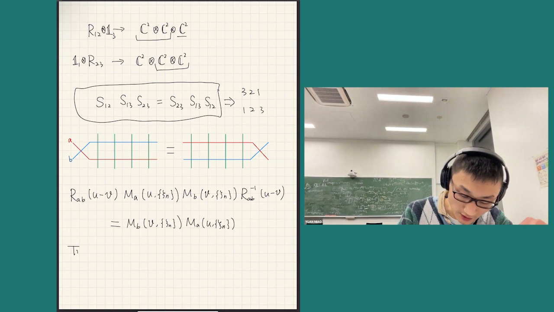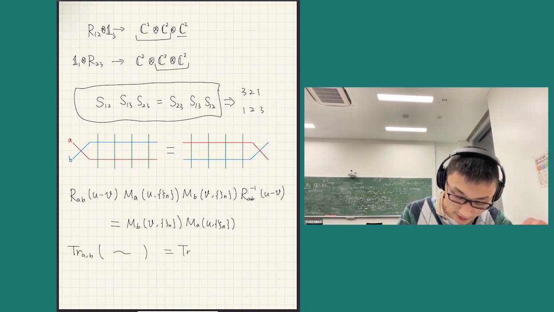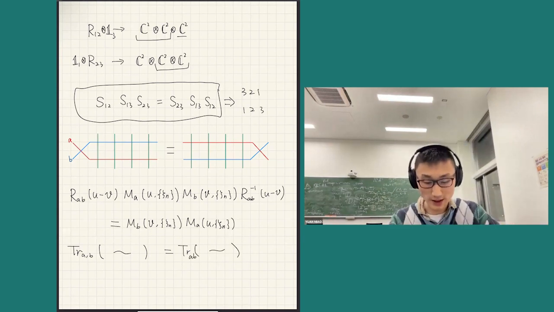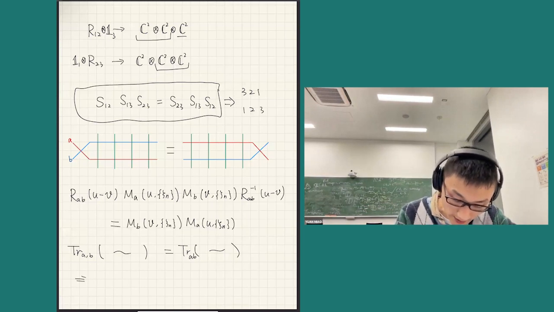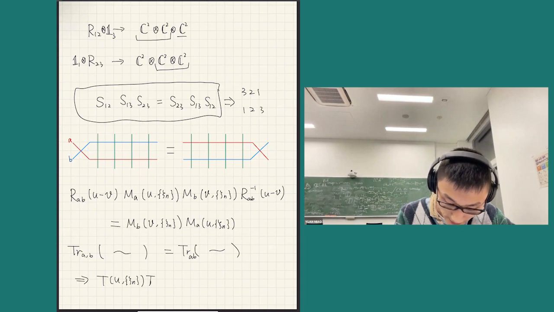And then we take a trace over A and B over these two, left-hand side and right-hand side. What we get is essentially T(u), okay, it also depends on the so-called inhomogeneity psi, and then here we have T(v), the same, equals T(v) T(u).